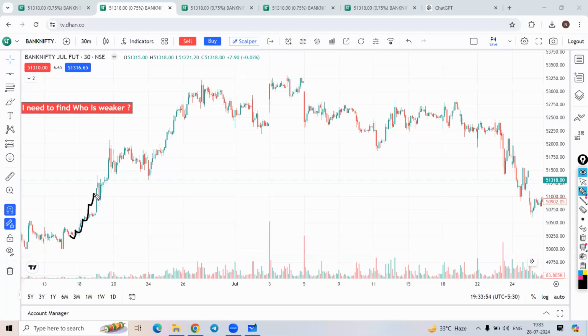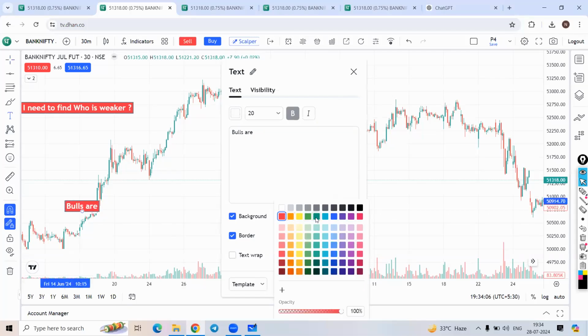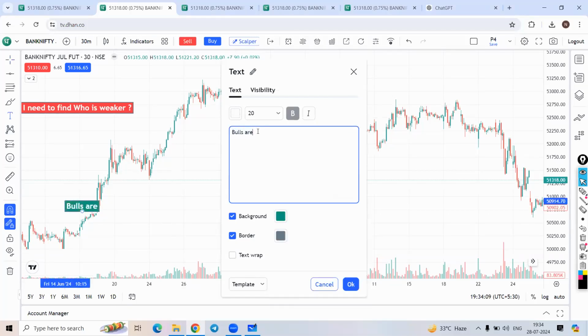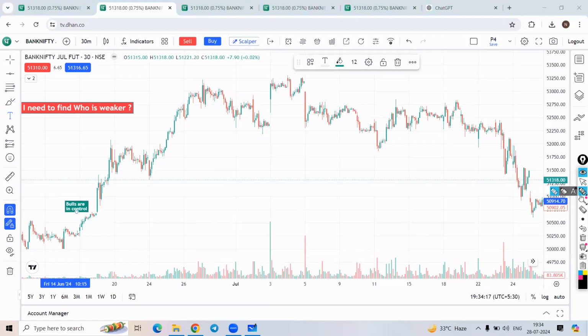Price is moving up. So basically, what's happening? Let me write it down on the chart also for your understanding. Bulls are in control. Fine enough. Everyone agree with this from here.